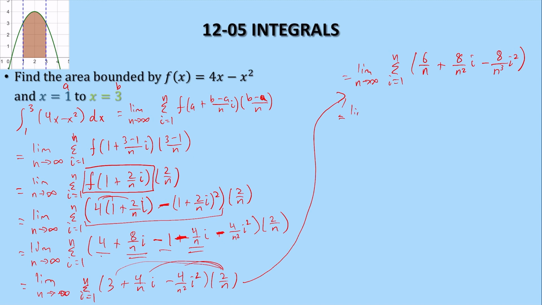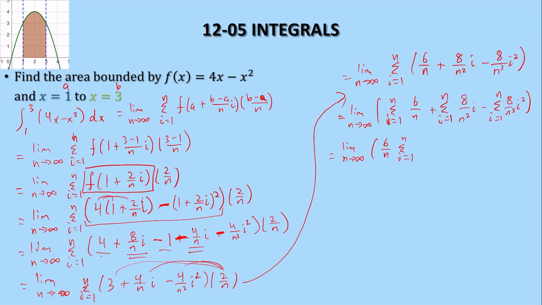Okay, I could apply the associative property and write these as separate sums. And then could factor out anything that's not an i.